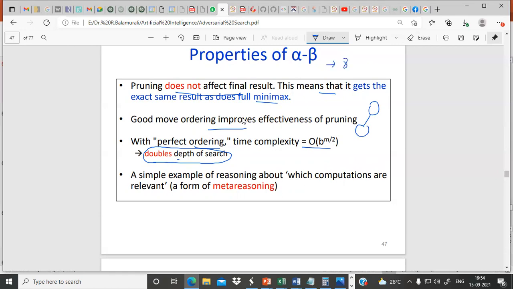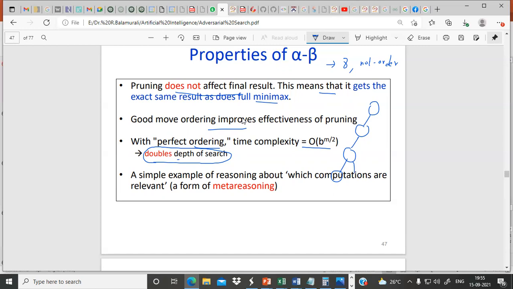Initially assume that the tree is not ordered perfectly. And say that our algorithm is able to go only up to depth 4. After reaching depth 4, either we are running out of time or we are running out of space. Assume we are running out of space after reaching depth 4.